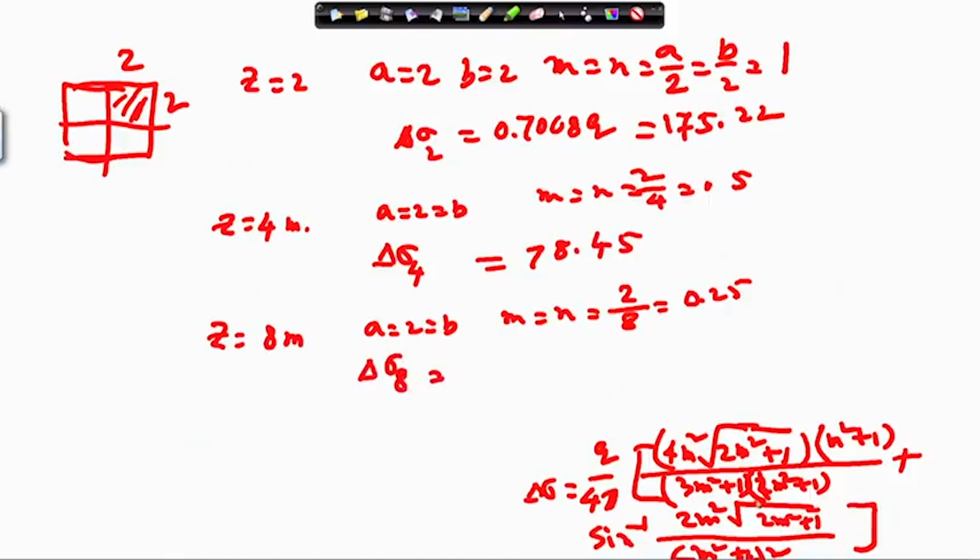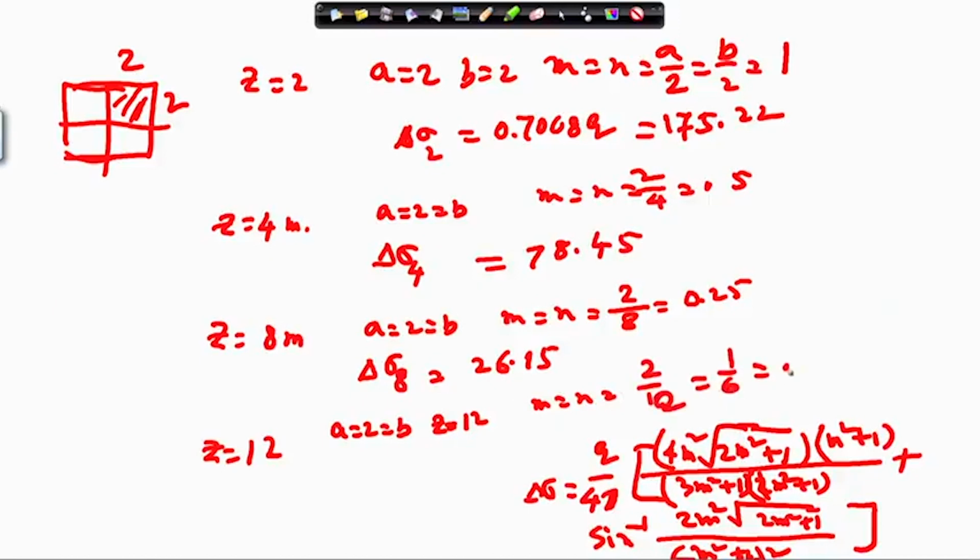If I put in this equation, I will get the value 26.15, and when z equal to 12, then a equal to 2 equal to b and z equal to 12. So, m equal to n equal to 2 by 12 equal to 1 by 6, 0.167 I can consider, and then your delta sigma 12 will be equal to 12.5 kPa.